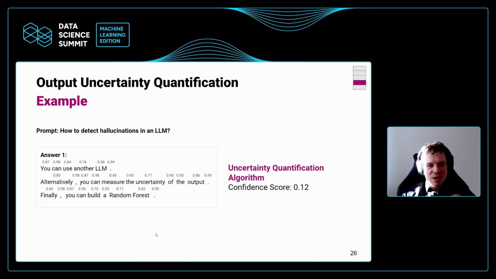And we're going to then use those numbers in some way to try to quantify how uncertain the LLM is itself about its own answer. So here, instead of calling an LLM again, we're going to be using an auxiliary, additional output of an LLM, which is the probability, to somehow quantify whether there are hallucinations there.